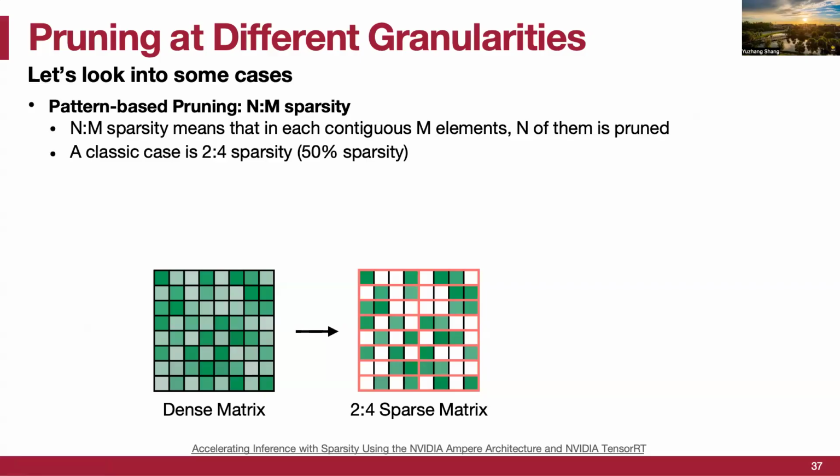So it's like 50 percent sparsity. If we use this data format to represent sparse data, it is easy to compute, right? For this kind of data format, we can design specific algorithms for the computation, right?